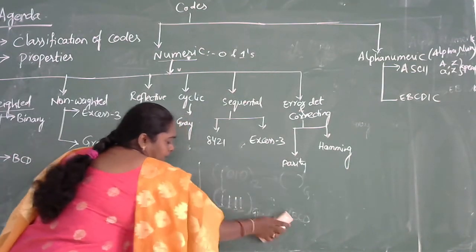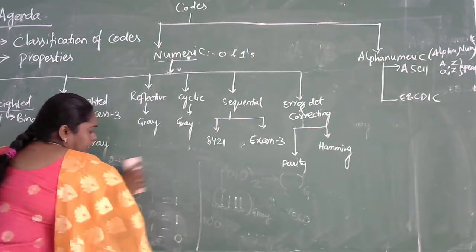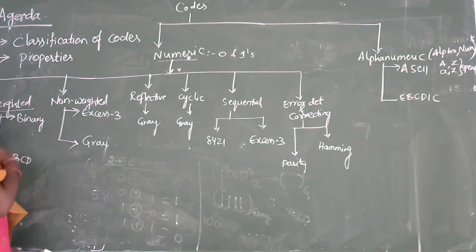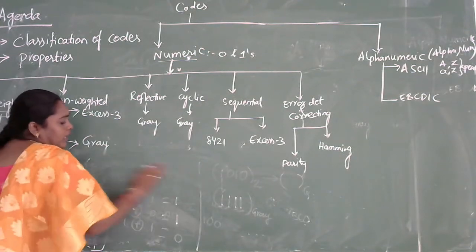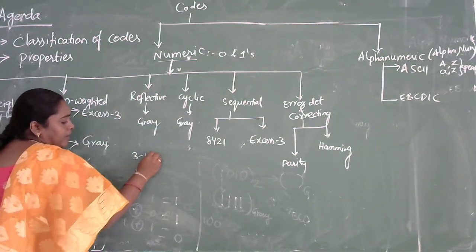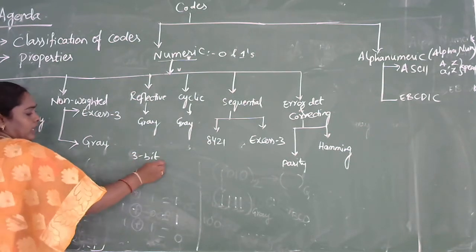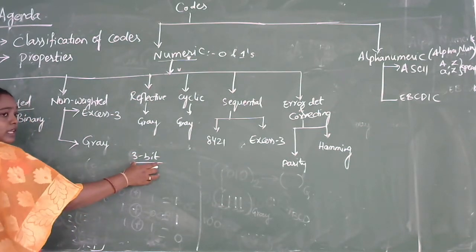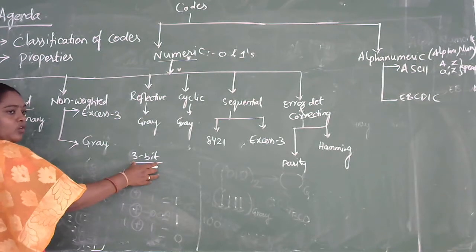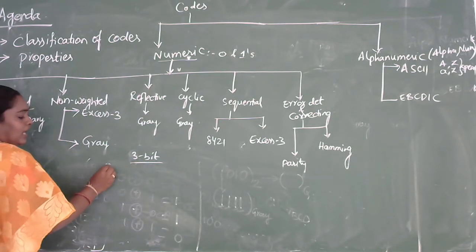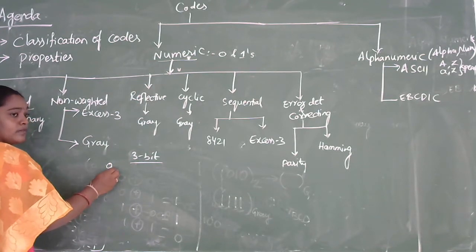So I want to write down only 8 numbers for a gray code. Here I am assuming a 3-bit number. In the case of 3 bits, I will have 8 different combinations, so the numbers run from 0 to 7.